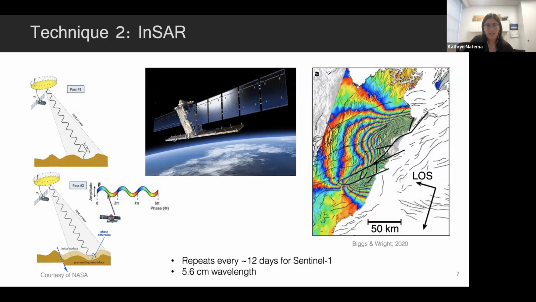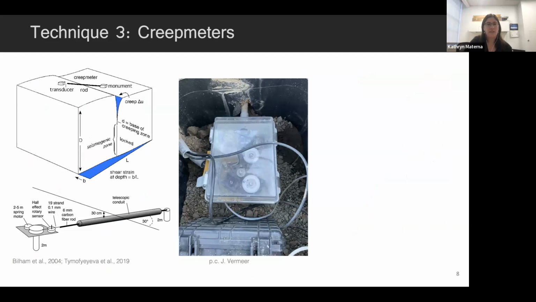And then the third technique that I will use is from a creep meter. This is a ground-based geodetic technique that essentially depends on a wire installed with an aperture of several meters across a creeping fault, and it's installed at an angle to the fault.